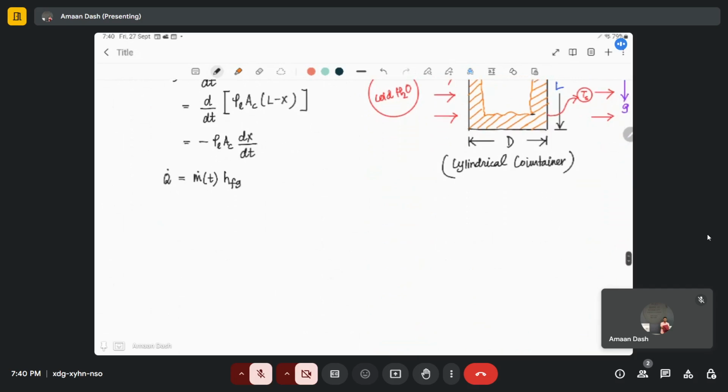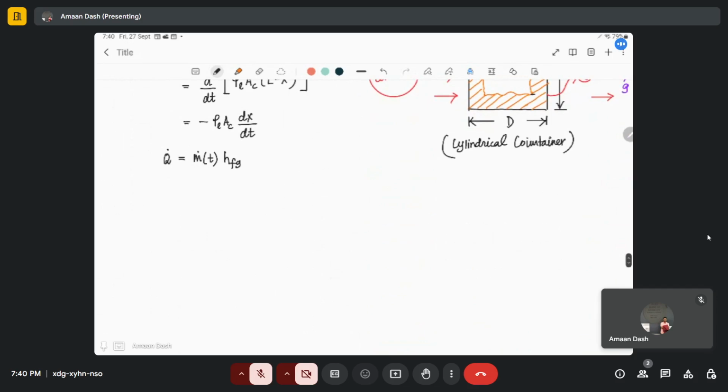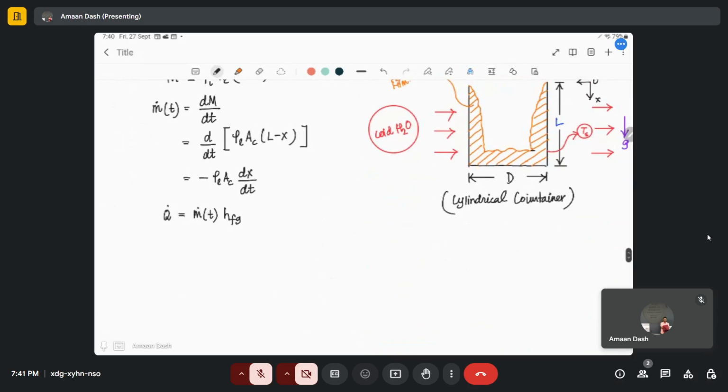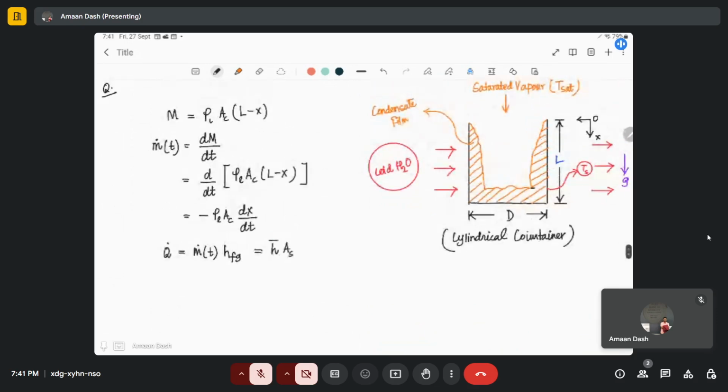But what about this Q dot? It is nothing but the heat transfer by convection, because you see we have cold water and the cold water is taking away the heat. So the heat is going out by convection. We can write it as some heat transfer coefficient h bar times the surface area, here we write A_s, because the other was the bottom area.